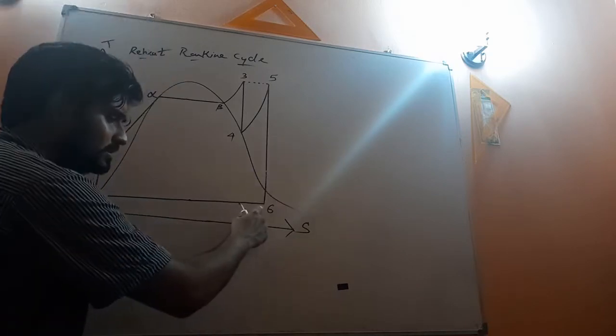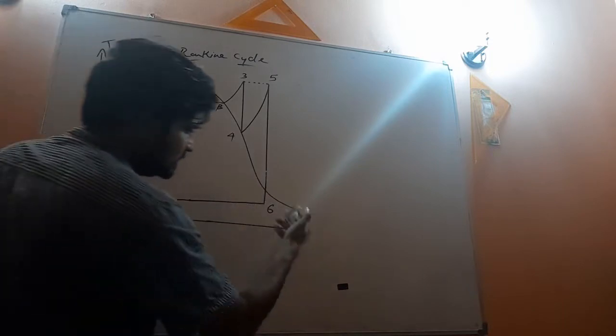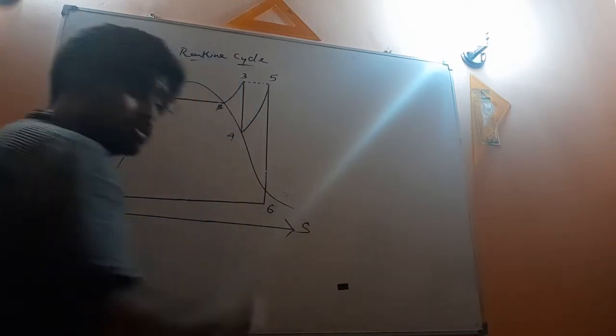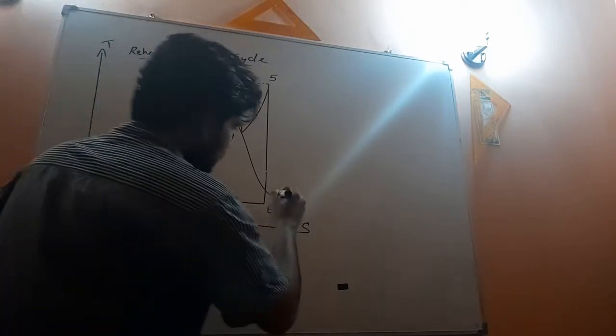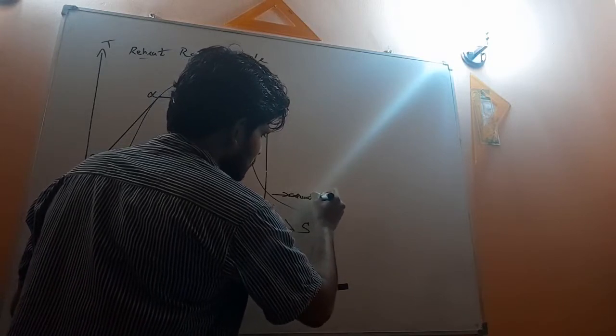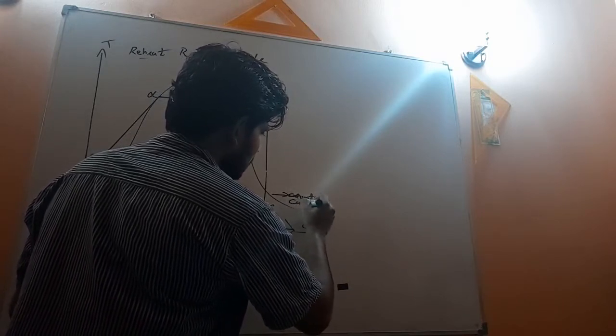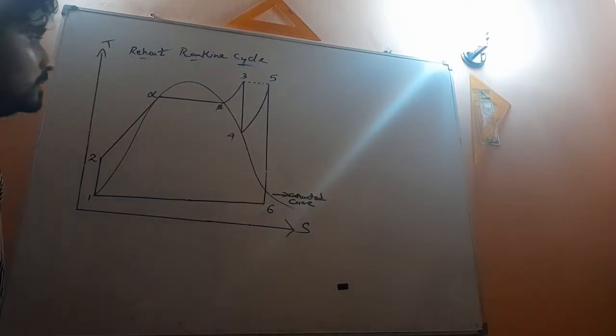So that point 6 is below the saturated curve. Now this curve is the saturated curve, right? So definitely point 6 is below the saturated curve, right?